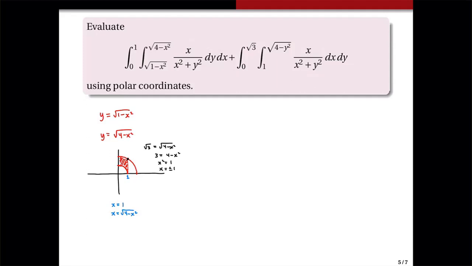So indeed, this value here is square root of 3. So it's from 0 to square root of 3, and x is from 1 to square root of 4 minus y squared, which means that this region here is actually this part.